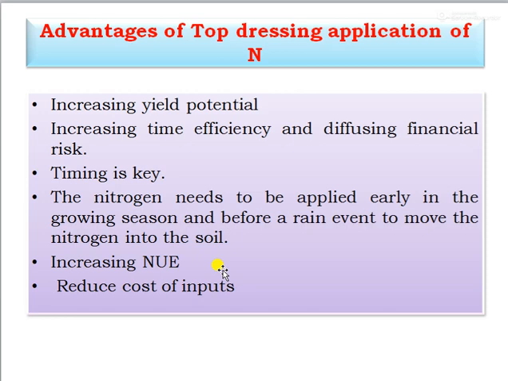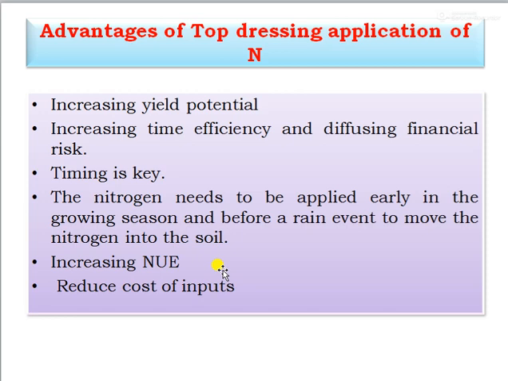That's why the nutrient use efficiency is greatly reduced in Indian conditions. Then also the heavy rainfall, especially in India, and the soils lacking organic matter content reduce the binding of the nutrients. Instead of binding, there will be losses, either through leaching or denitrification.